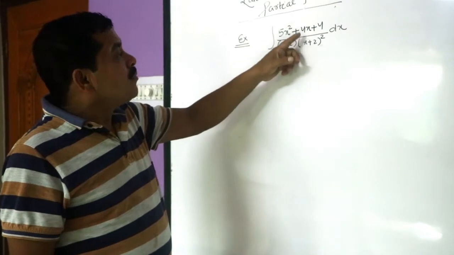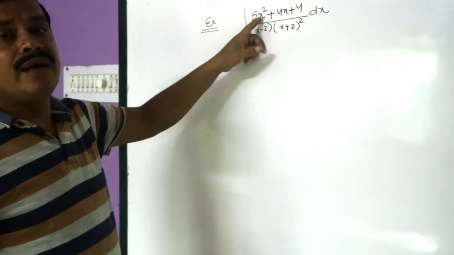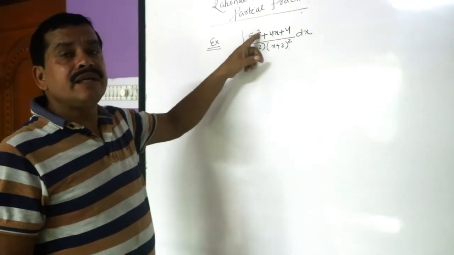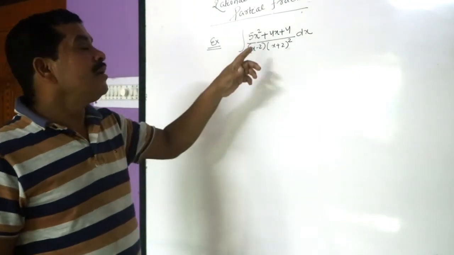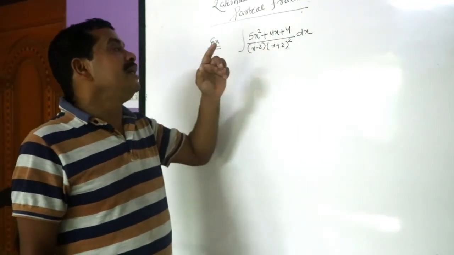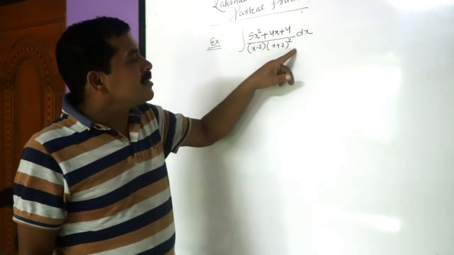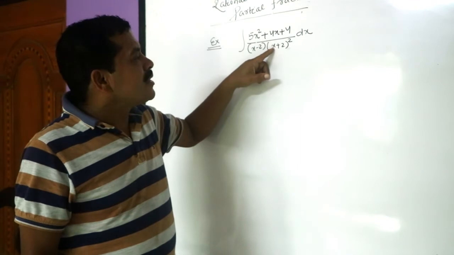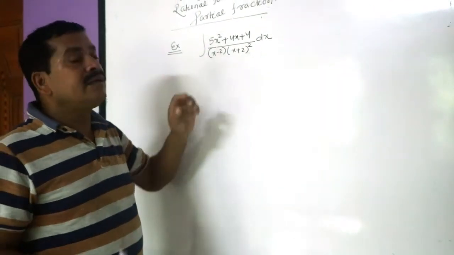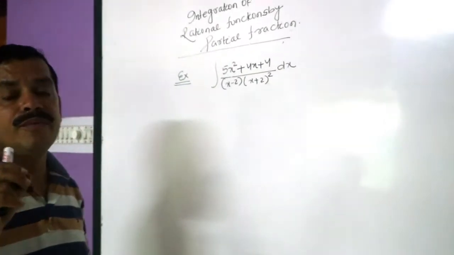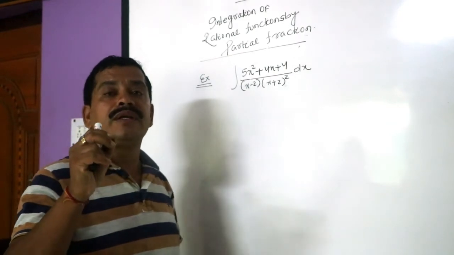Here the rational function is proper because the polynomial in the numerator is a second degree polynomial and the polynomial in the denominator is a polynomial of degree 3, because if we expand, it will be x square plus 4 plus 4x. After multiplication, the denominator becomes a polynomial of degree 3 and the numerator a polynomial of degree 2.